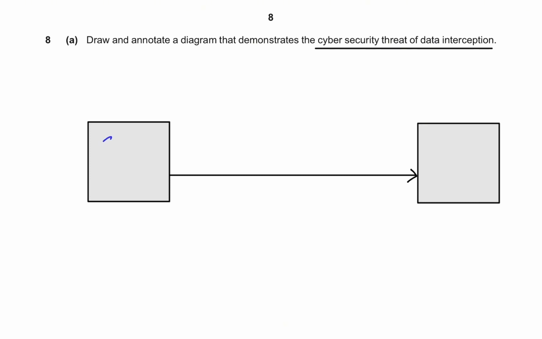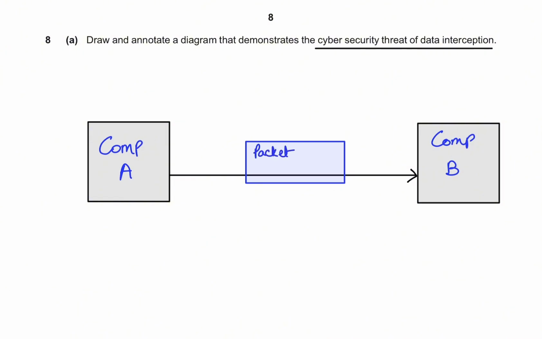So data from computer A goes to computer B. And in between, we have a third party. We call it a packet sniffer. That packet sniffer is basically nothing but the third party.